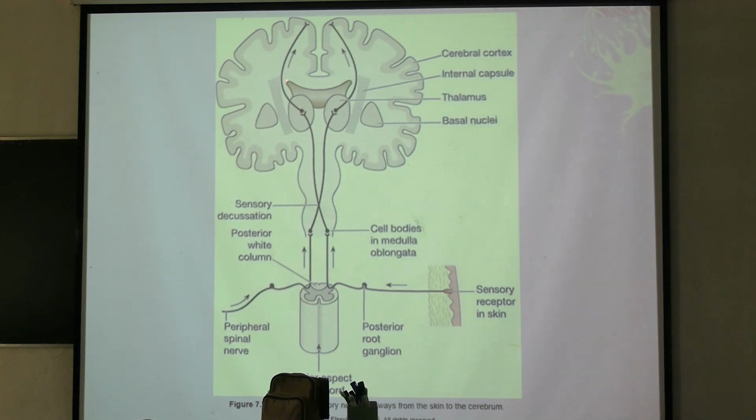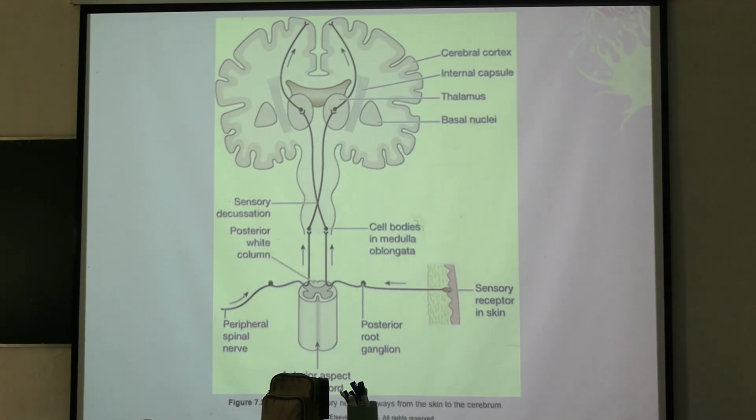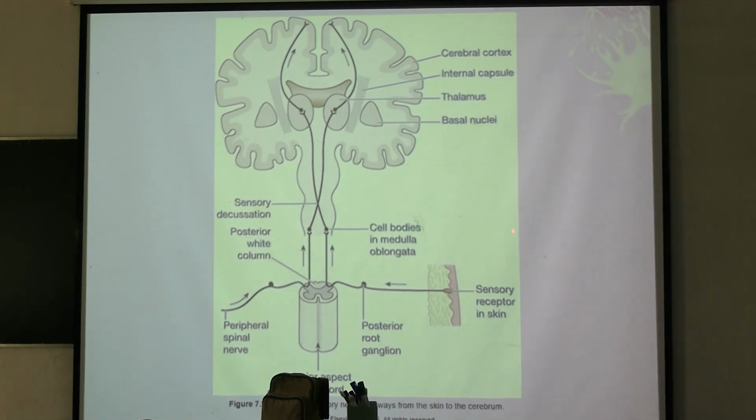Crossover and then goes through the thalamus to the cerebral cortex. Now peripheral spinal nerve, it goes like this, decussates here and goes to the thalamus and to the cortex. Now anterior aspect of the posterior root ganglion. This is the sensory receptor in the skin.